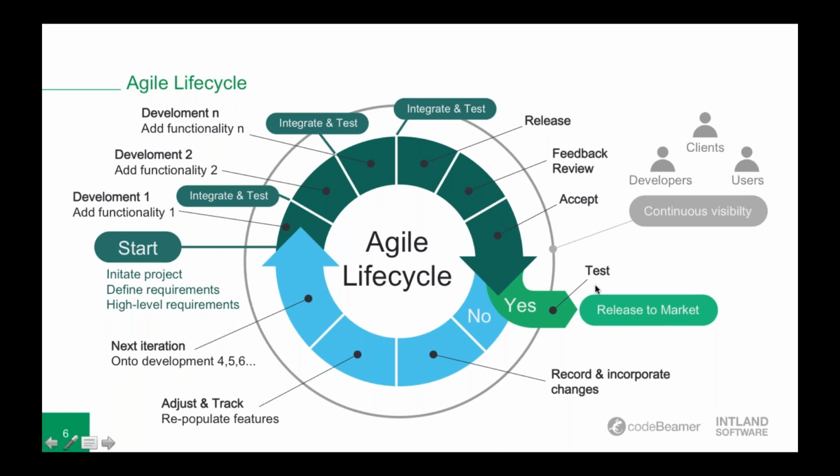And then you have a feedback review, an acceptance test, and then if it's accepted, then you test again and release to market. If not, then you record and incorporate changes, adjust and track, and repopulate features, and move on to the next iteration, and the life cycle starts over again.